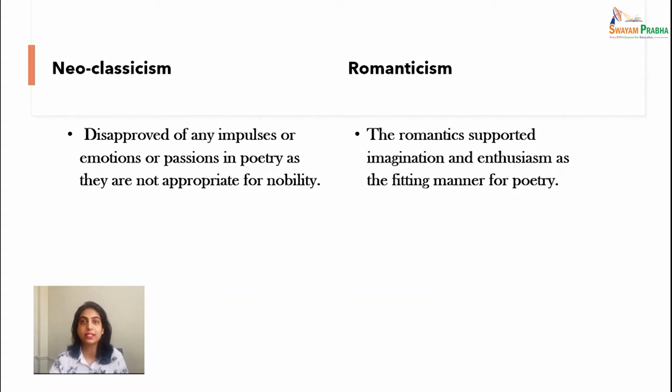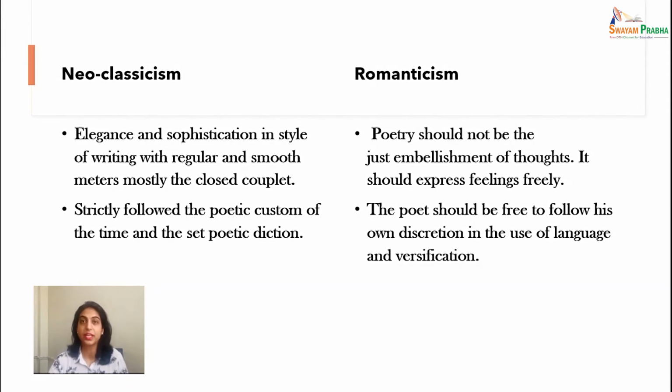The neoclassicals embellished their poetry with elegance and sophistication in style of writing. And for doing this, they confined themselves to the regular and smooth meters, which was mostly the closed couplet. Their language strictly followed the poetic custom of the time, and they believed that one should manifest their poetic skills within the limits of such rules and the set poetic diction.